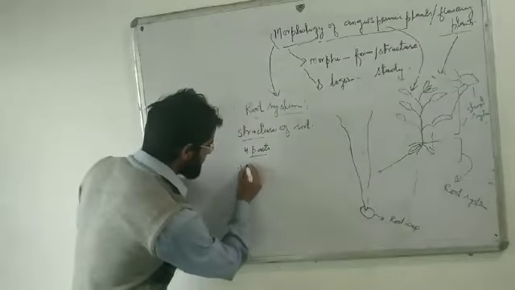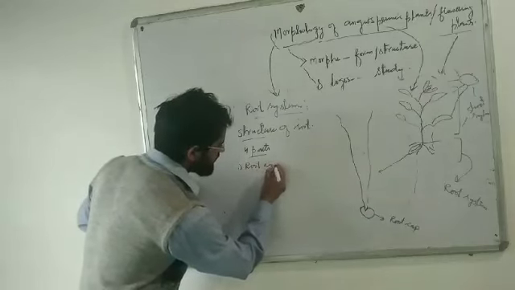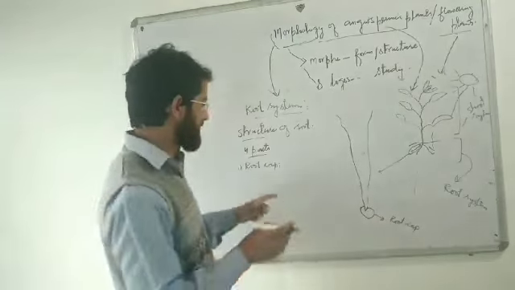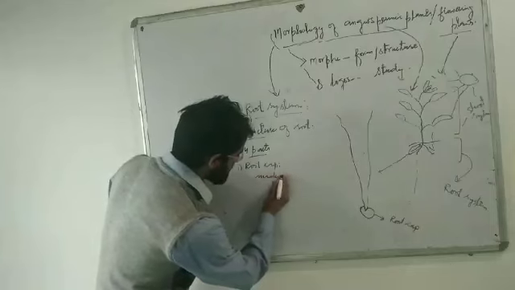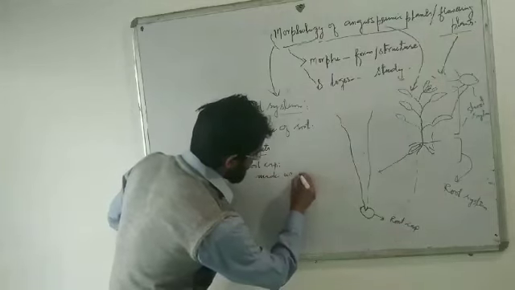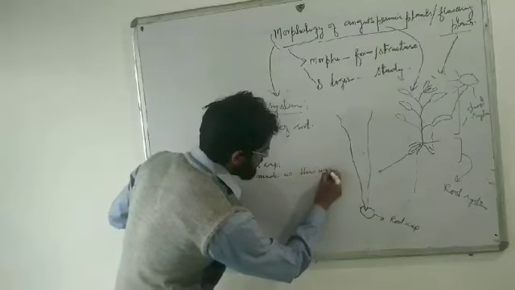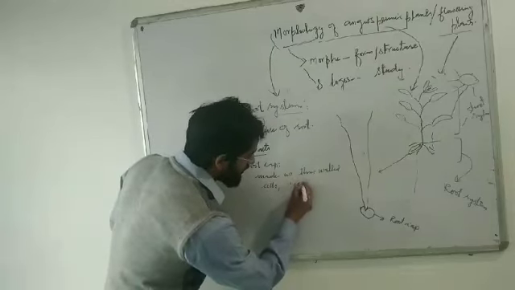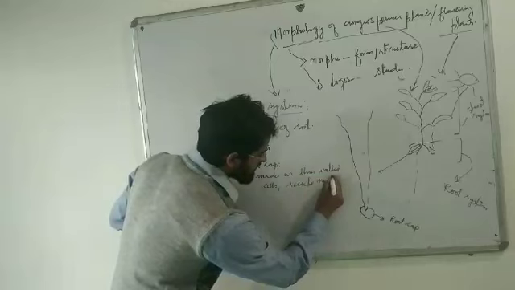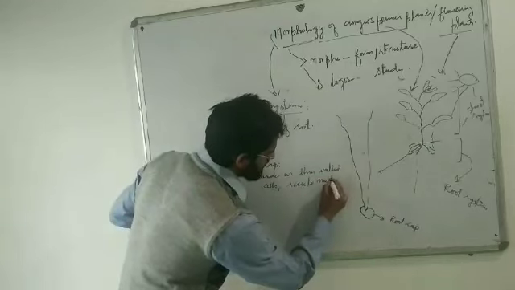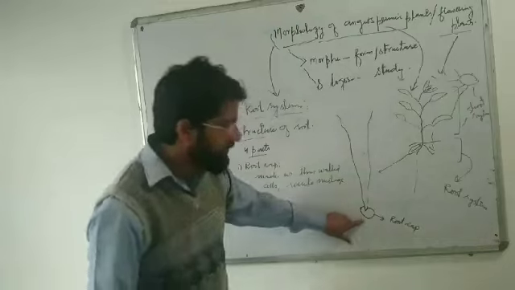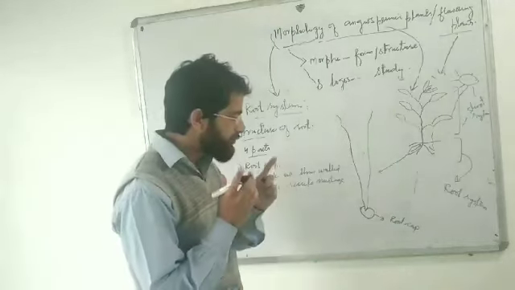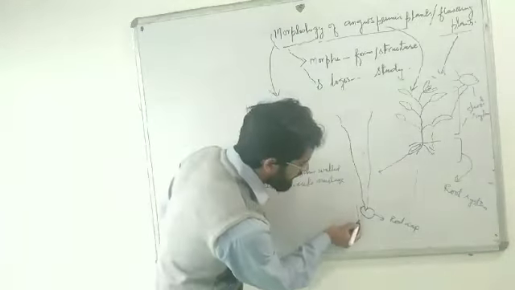That means the first part is the root cap. The root cap is made up of thin walled cells, and those cells secrete mucilage, and mucilage helps the plant to penetrate deep into the soil.